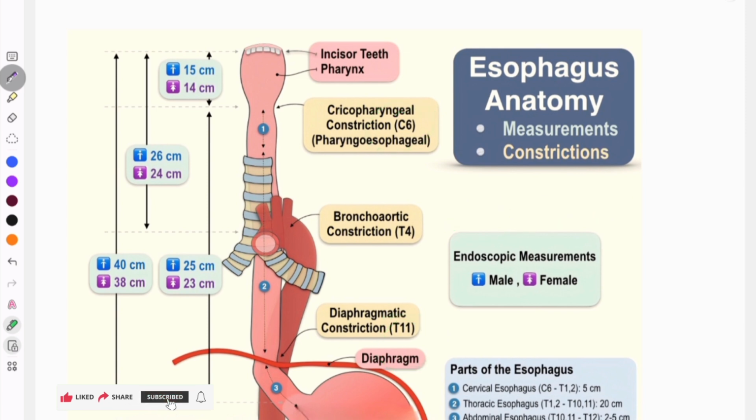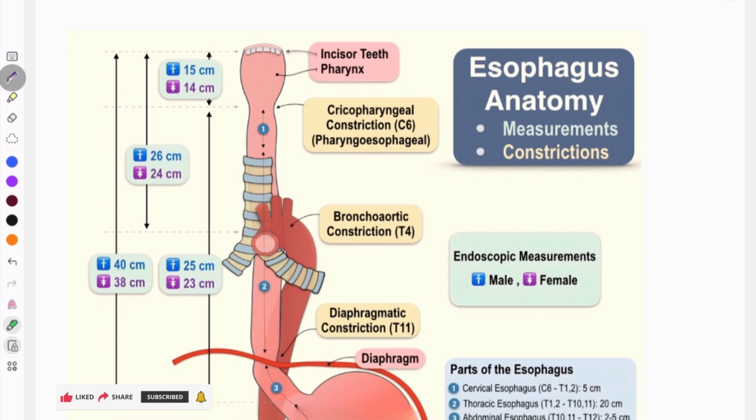There are three natural constrictions: cricopharynx, the trachea with the left bronchus, and the diaphragm. The cricopharynx is at 15 cm in male and 14 cm in female, the trachea at 26 in male and 24 in female, and the diaphragm at 40 in male and 38 in female.